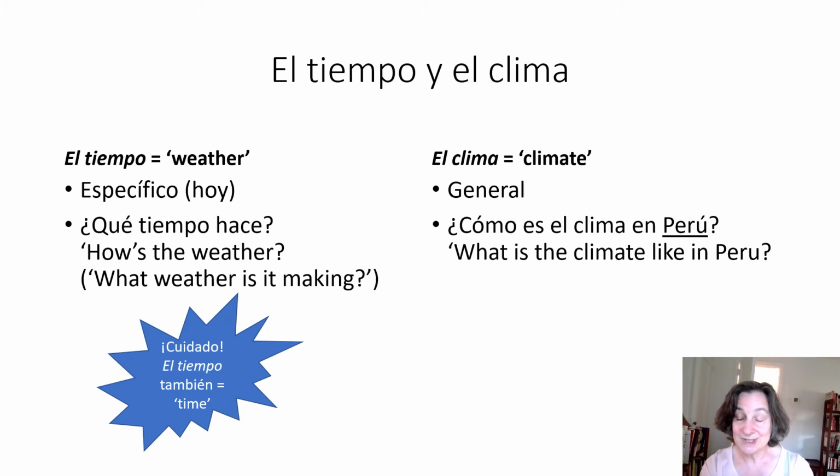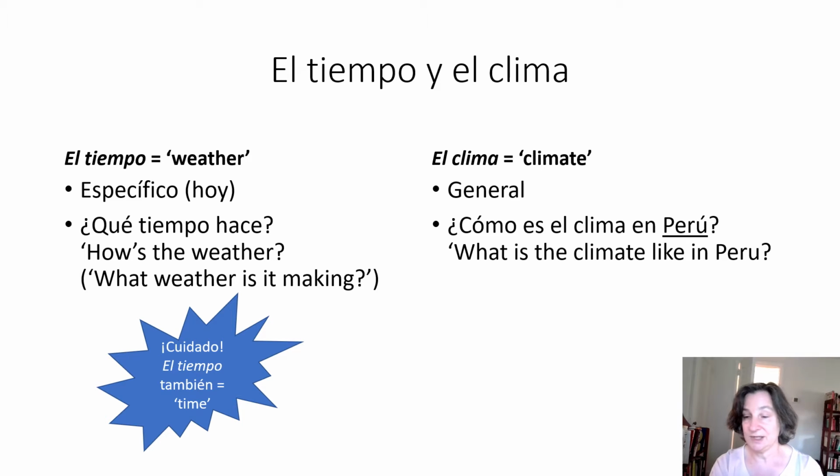And I don't think this question is in the textbook, which is a big omission. So the question otra vez es, ¿qué tiempo hace? Pero hay que tener cuidado porque el tiempo también quiere decir time. But you're not going to confuse them because you'll always tell from context.